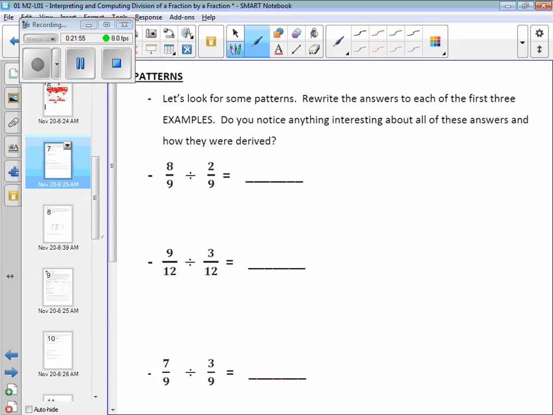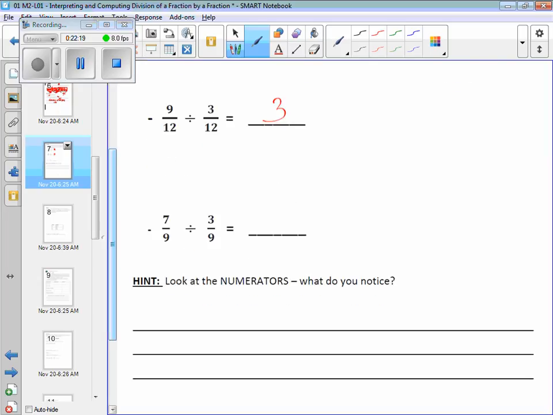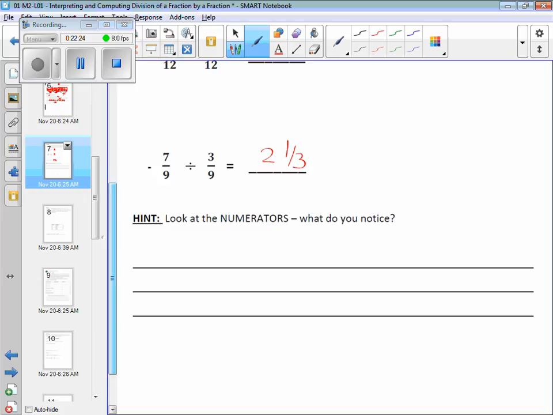Look for common patterns. If we use the denominator trick, 8/9 divided by 2/9 was what? Just say it. 4. Common mistake. 9/12 divided by 3/12. And 7/9 divided by 3/9. Kind of gave this away a little bit, but that's okay.